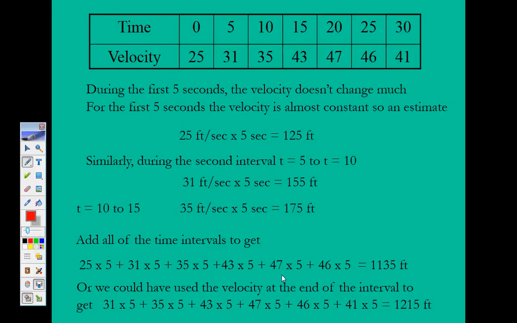So you can see if we use the left side of the rectangle, we get 1,135 feet, and if we use the right side of the rectangles, we get 1,215 feet, our under and over estimate. But that's the total distance traveled over the interval 0 to 30 seconds.